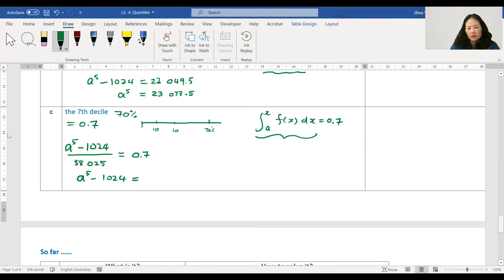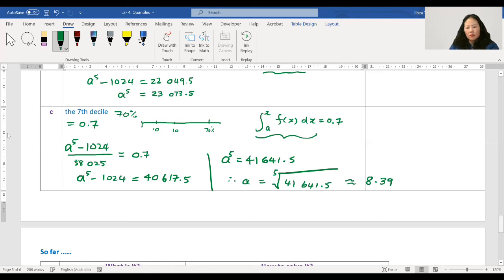We do that, 40,617.5, and then we plus it, we will get 41,641.5. Therefore A equals, I'm just going to write it down for your calculation, 2 decimal places, 8.39. So from 4 to 8.39, we'll get 70% of the total area. This is not an area, this is an x value.